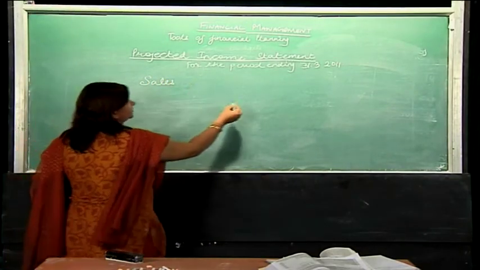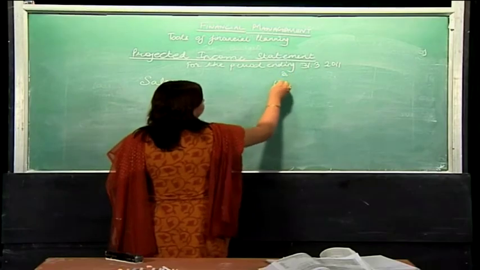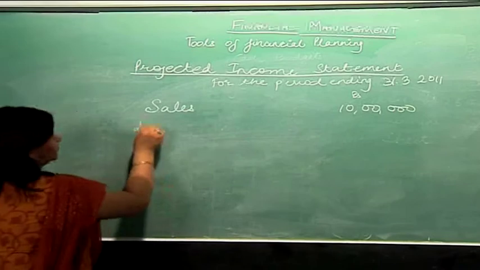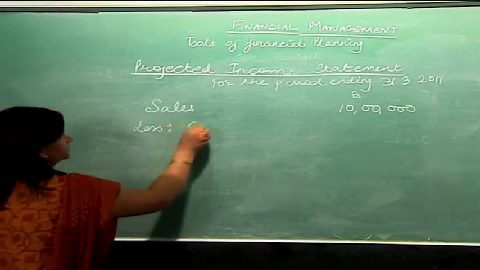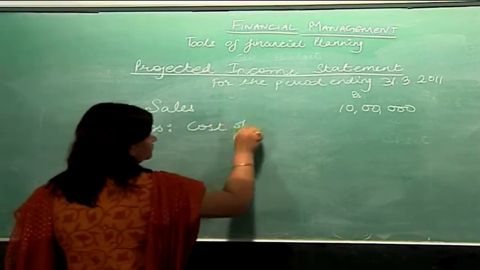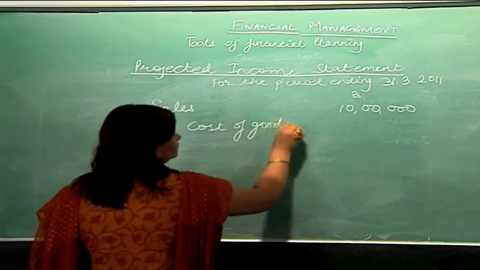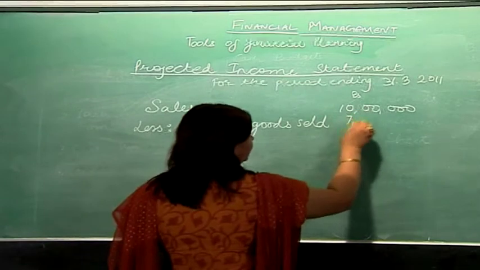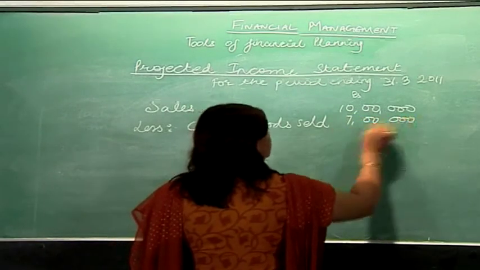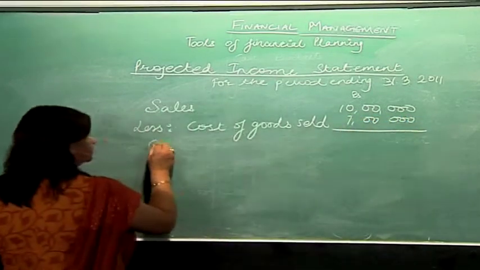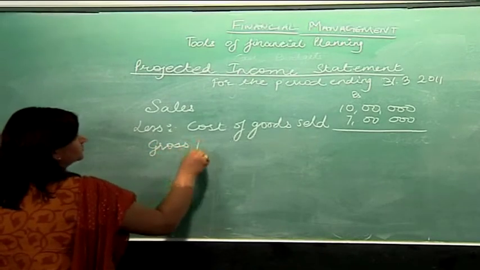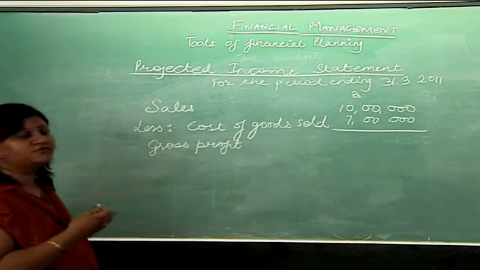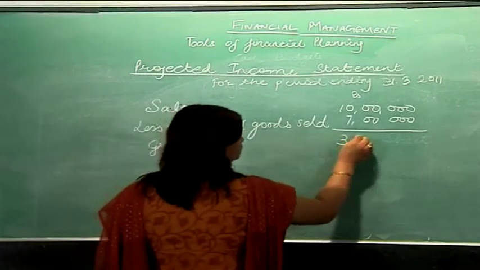Let the sales be rupees 10 lakh, less cost of goods sold. Let it be 7 lakhs. So, our gross profit will be sales minus cost of goods sold, 3 lakh.